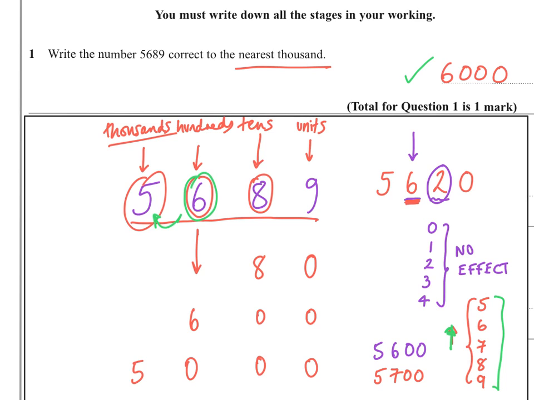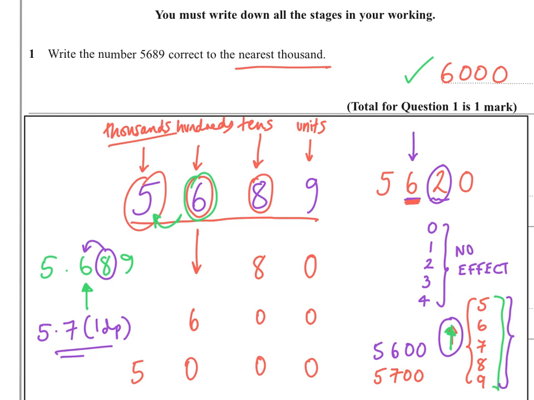If you had the number 5.689 and you wanted that to one decimal place, for example, you would look at this number here. It would again fall into this category here, and it would have an upward effect on this number. So you'd make the answer 5.7 to one decimal place.